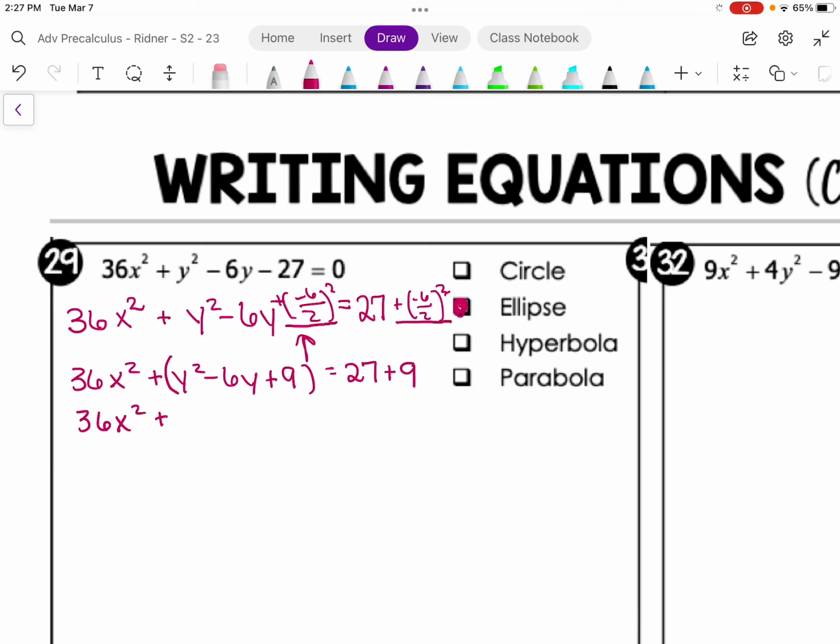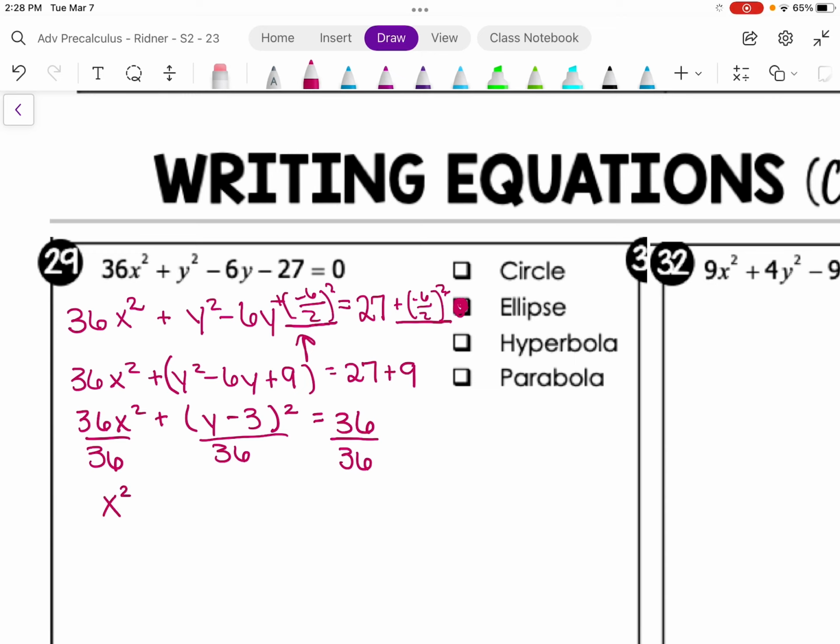So then this factors to y minus 3 quantity squared equals 36. So here's where it becomes different from circles. We need this to always equal 1. So 36 divided by 36 is how I'm going to get 1. But if I divide there, I have to divide all the way across.